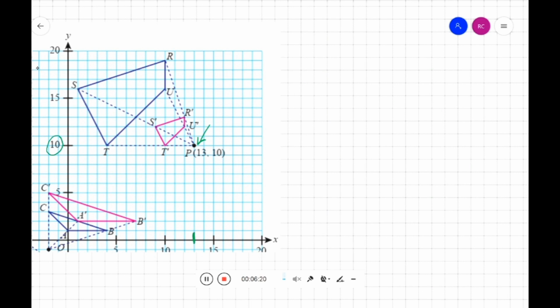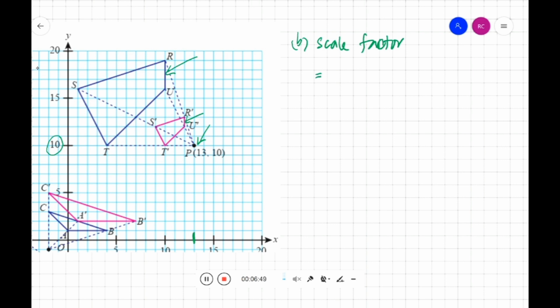Now we need to find the scale factor. So it's easier for you to find the scale factor from the horizontal line or the vertical line. So the horizontal line that we have over here is this UR. So we are going to compare this. Okay, so for B, find the scale factor. Scale factor is always the length of image over the length of object, or it can be the distance from the center to the image over the distance of the object.